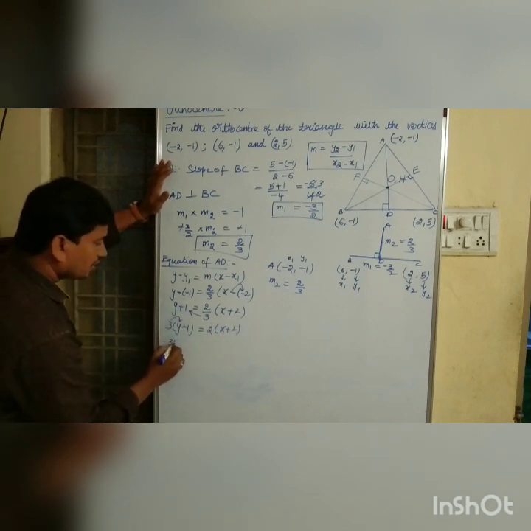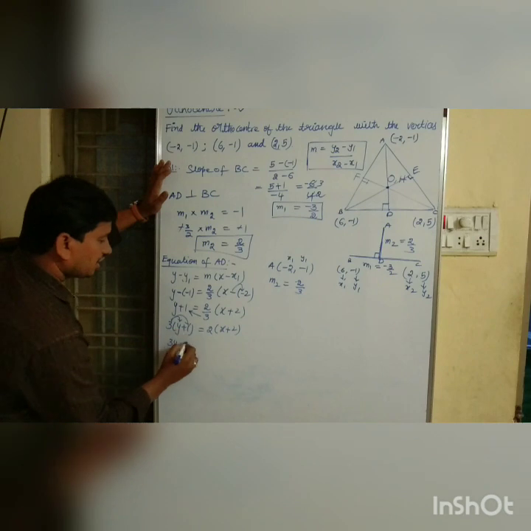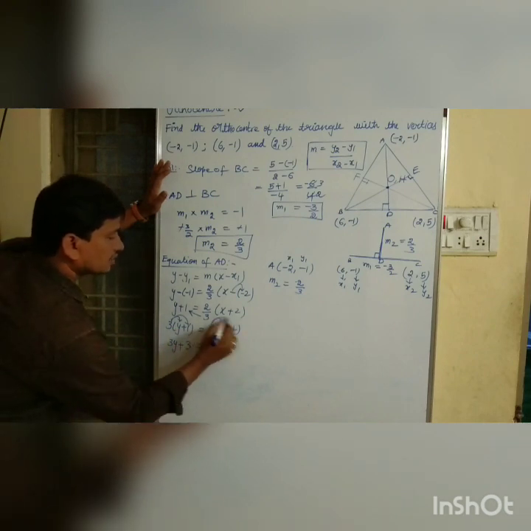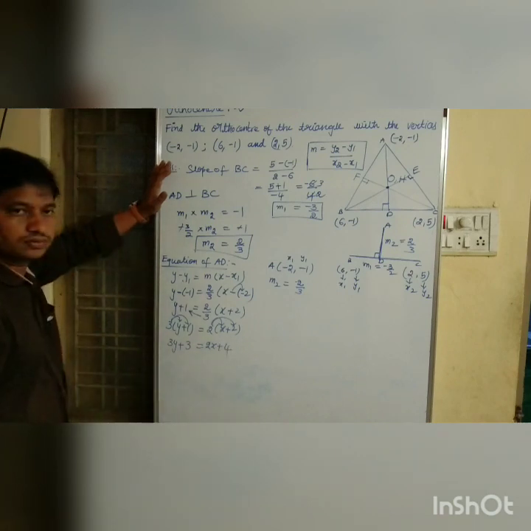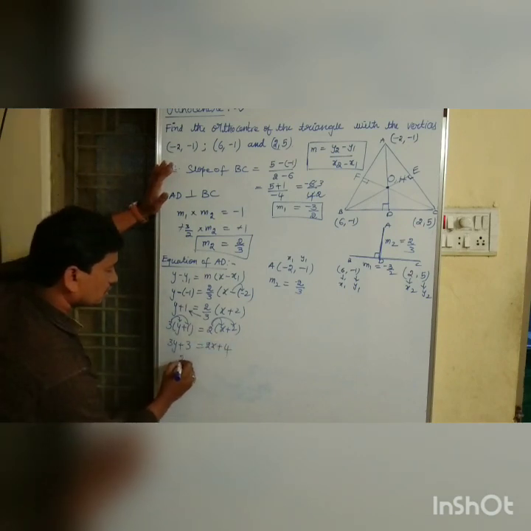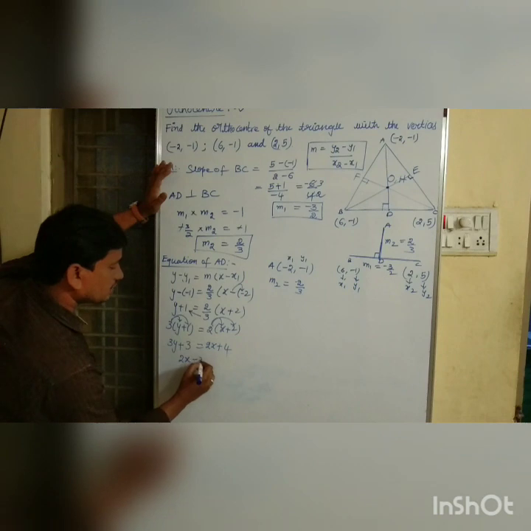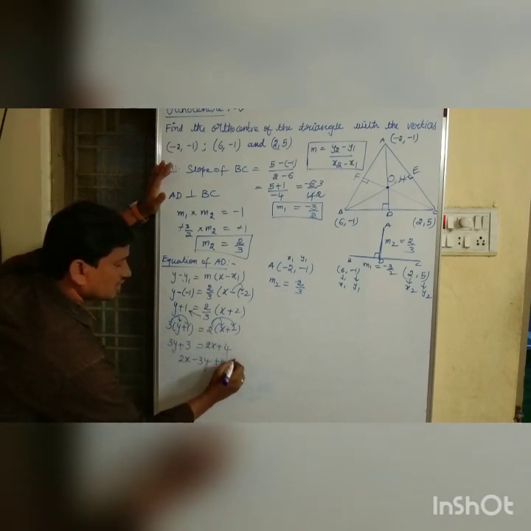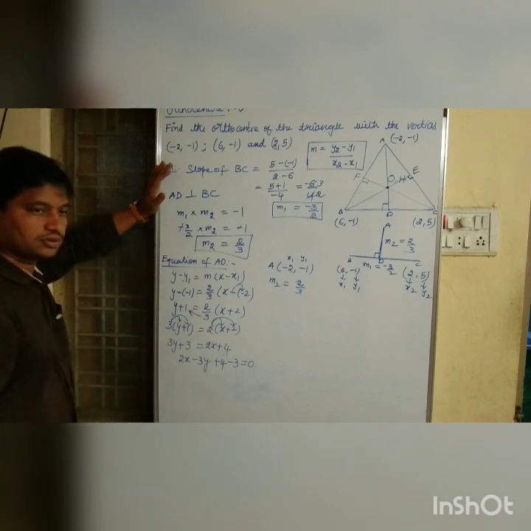3 into y, 3y plus 3 into 1, 3, equals 2 into x, 2x plus 2 into 2, 4. Transposing, 2x, and 3y you transpose, minus 3y. Already here we have 4 plus 3, you transpose minus 3. Right?